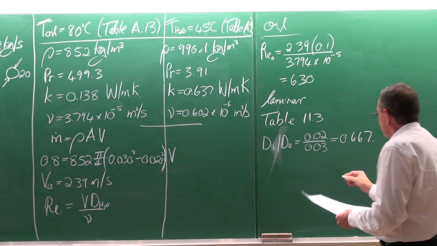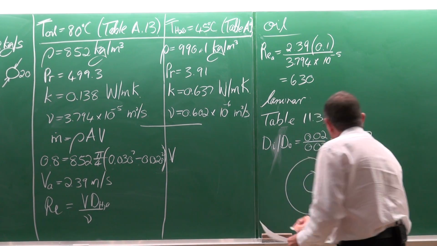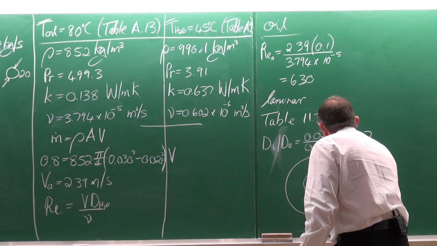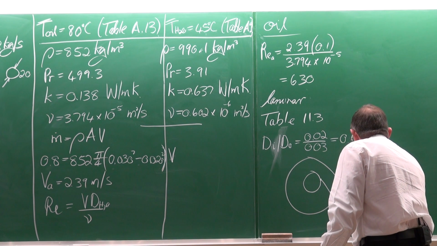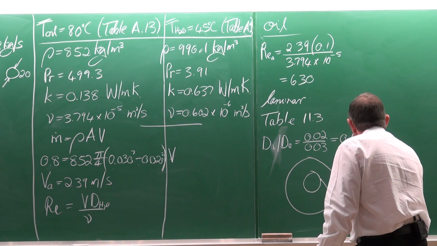If you use that for the case where you've got an annulus, and take note, that is the Nusselt number on the inner tube, and that is the Nusselt number on the outer tube.